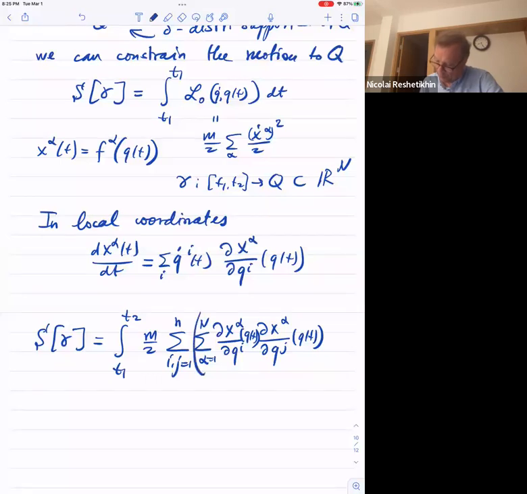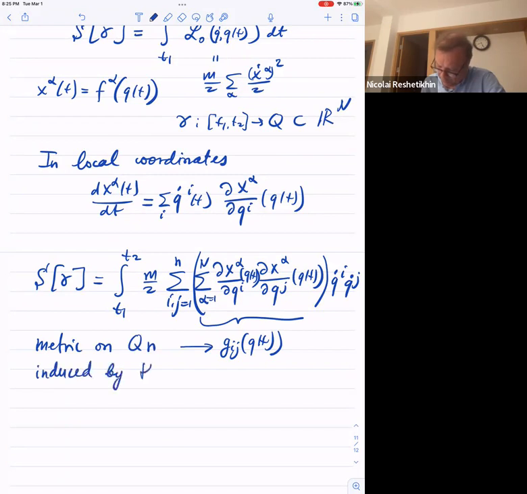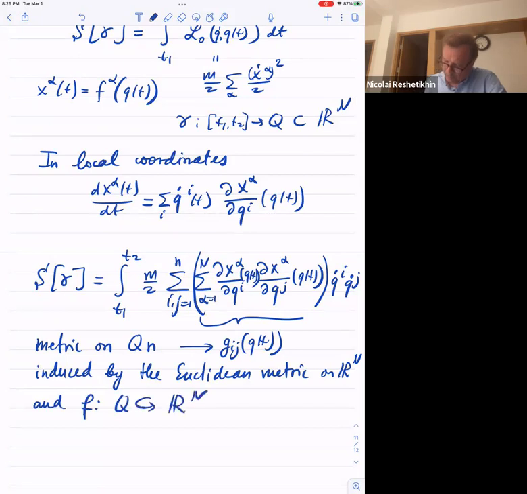Then q-dot^i, q-dot^j. And of course, what is this? This is g_ij(q(t)). This is the metric on Q induced by the Euclidean metric on R^N and the embedding f of Q into R^N.